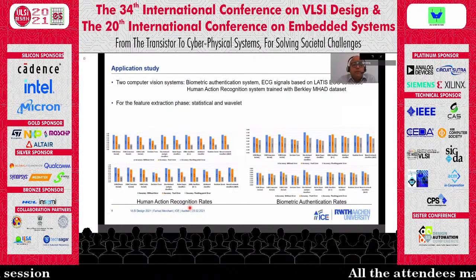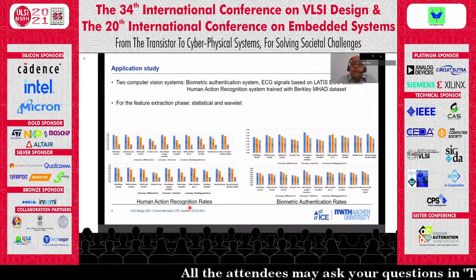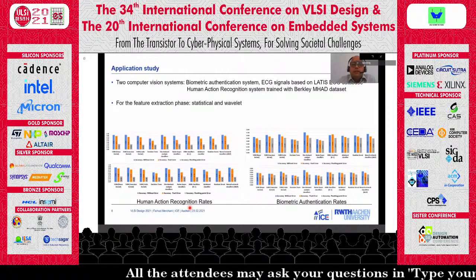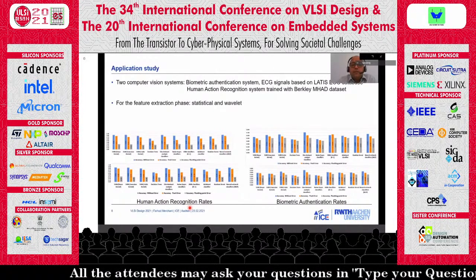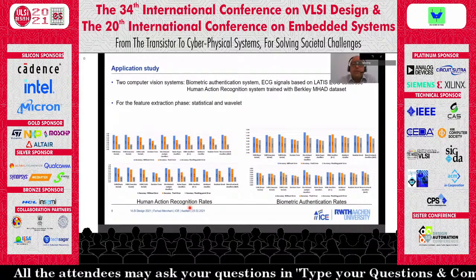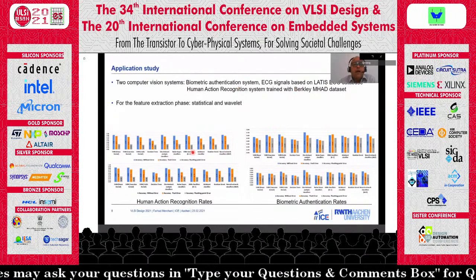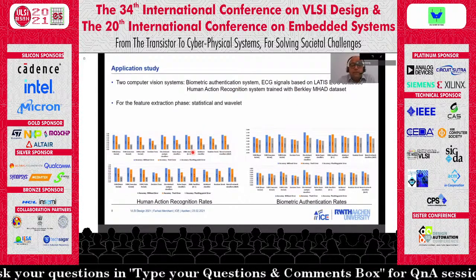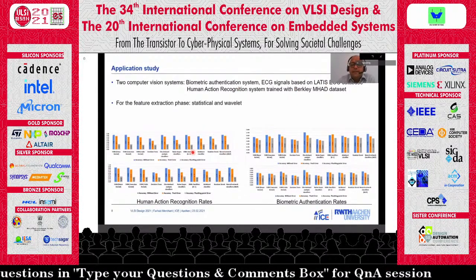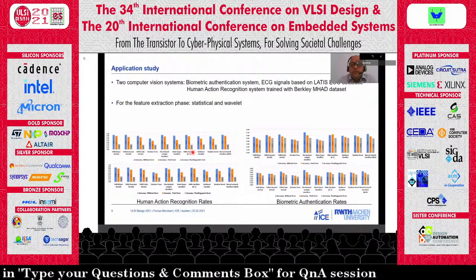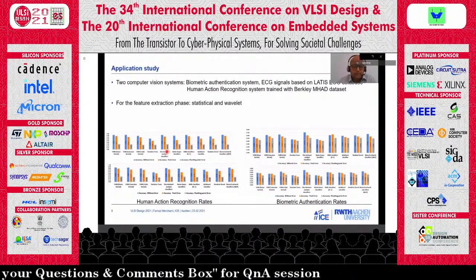We also perform application study on machine learning applications. We consider two computer vision systems: one is a biometric authentication system, and the other one is a human action recognition system, trained with the respective data sets. For the feature extraction phase, we use two methods: one is a statistical method, and another one is a wavelet transform based method.